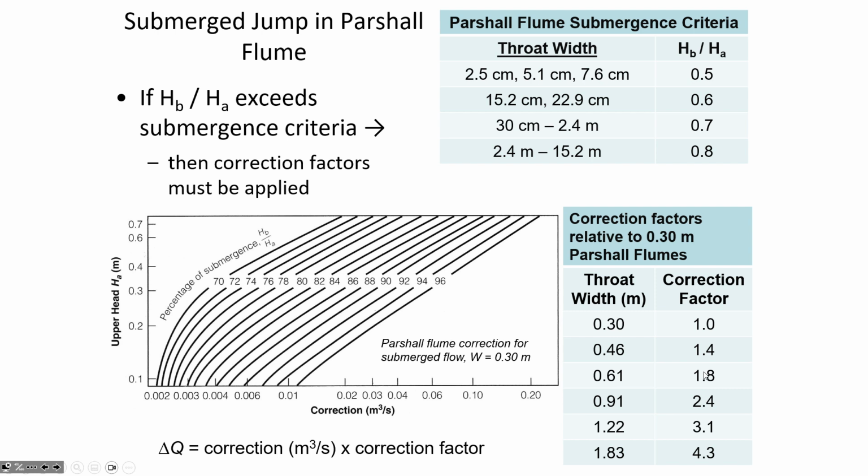So we're going to go through an example where, from start to end, we do the analysis of looking at the two depths to assess whether the hydraulic jump is submerged, calculating the free flow rate, and then applying a correction to the flow rate based on the correction factor and what we read off the nomograph.